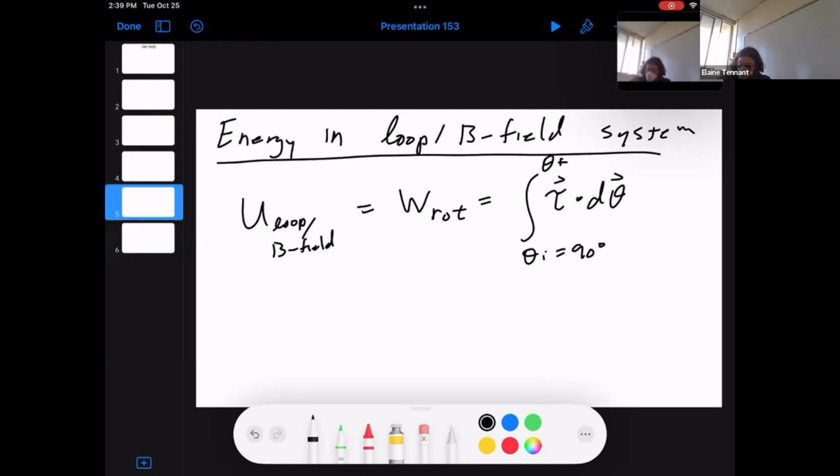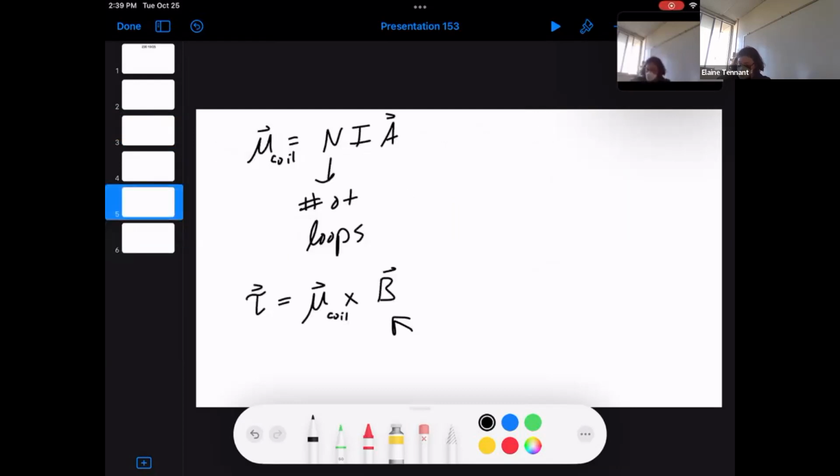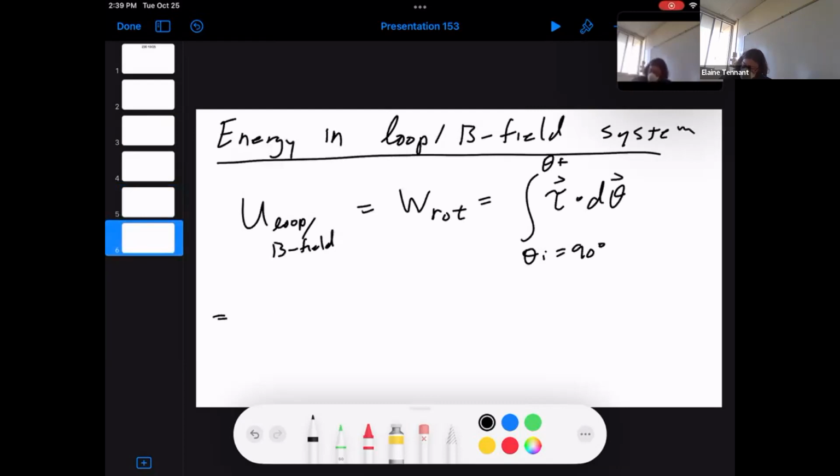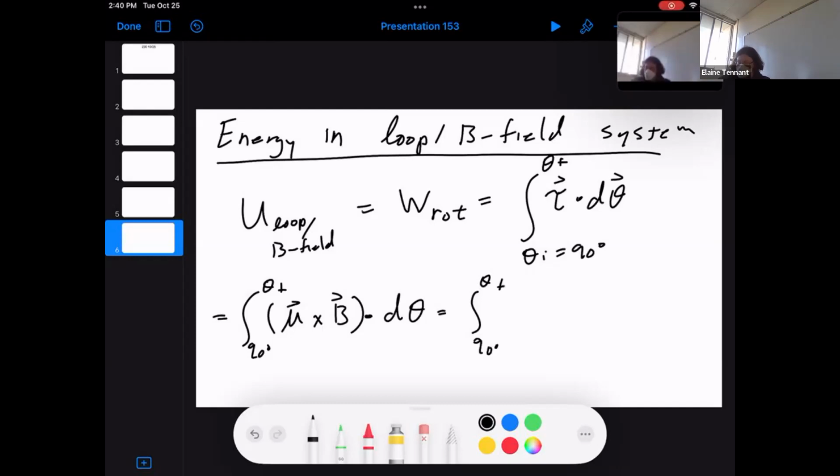Okay, for the torque, we will throw in this equation. So I have 90 degrees and theta final. That's mu cross B. And that will be dotted with d theta. If we take the cross product of mu and B, we end up with mu, the magnetic moment, B, the magnetic field, and the sine of the angle between them.